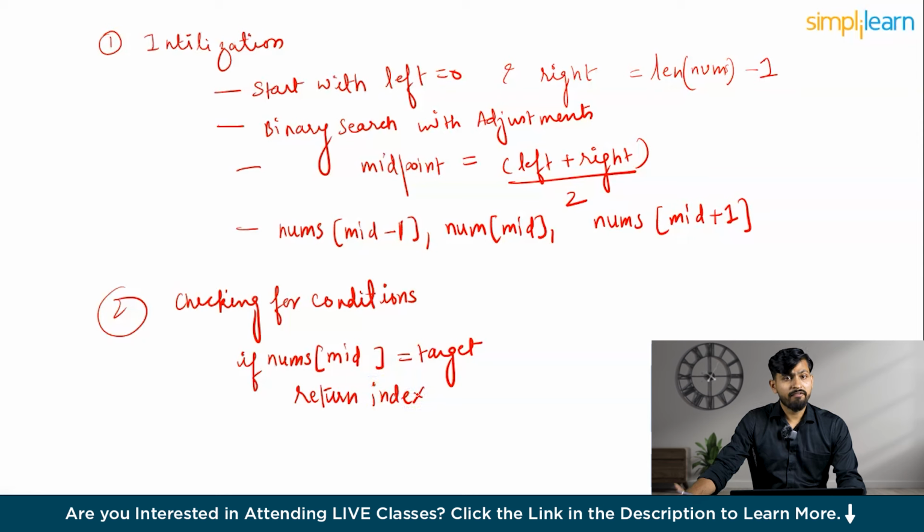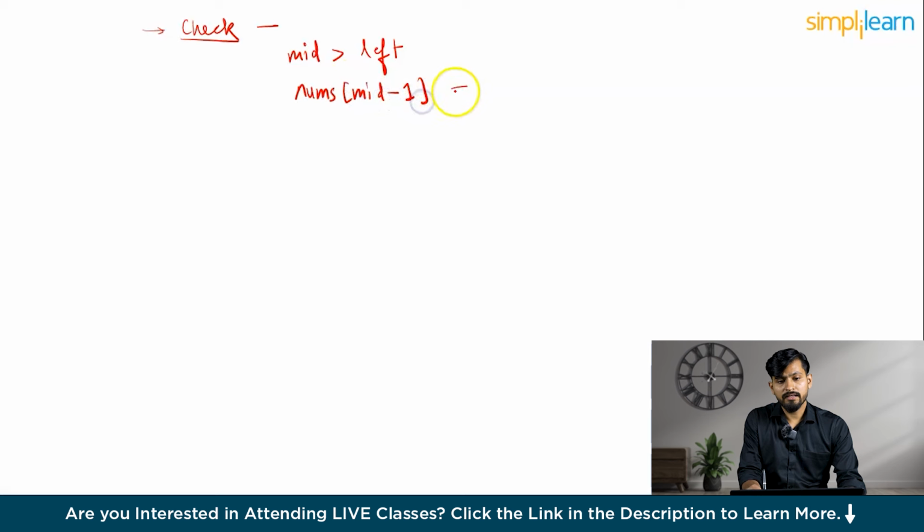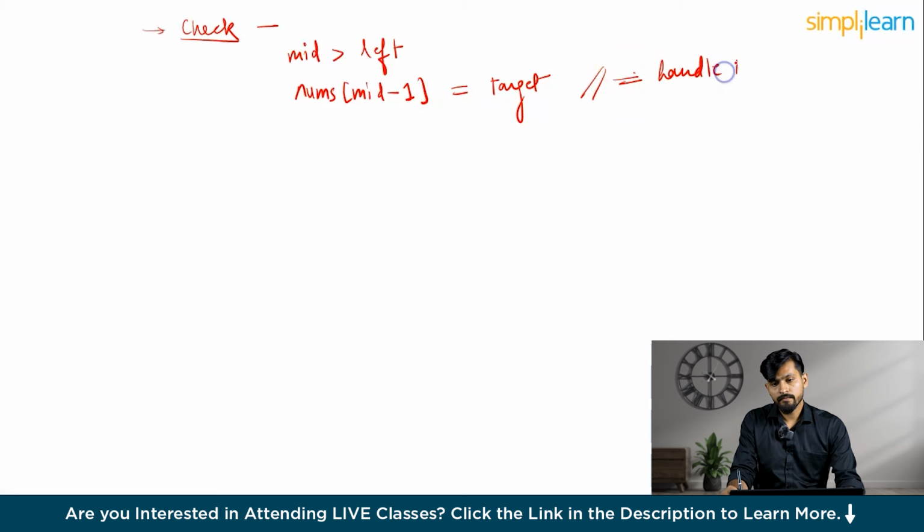We are going to also check that mid is greater than left, and if nums of mid minus 1 is the given target, so that we can handle the misplacement to the left.